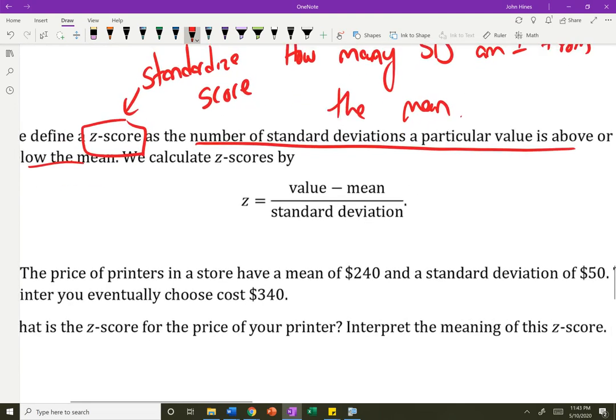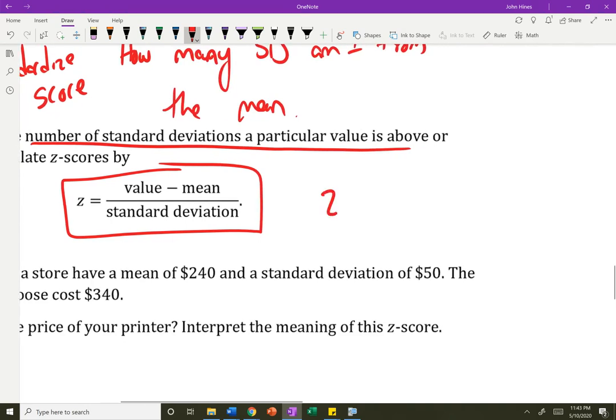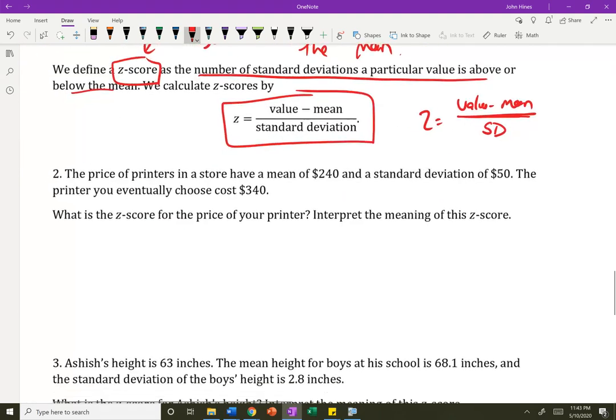So there's a little formula we're going to use a lot in this lesson and the next. A z-score is, well, how far am I from the mean? So I'm going to find the difference. But I want it in terms of standard deviation. So I'm going to see how far am I, but in terms of that number, the standard deviation.